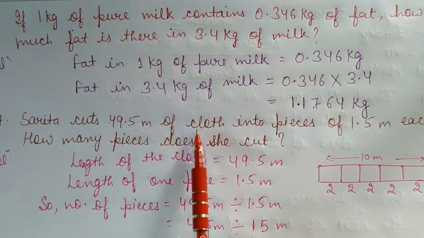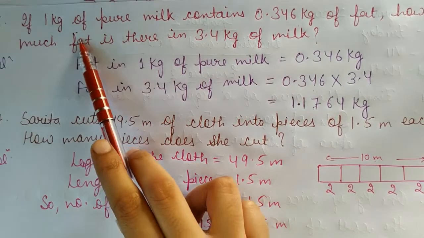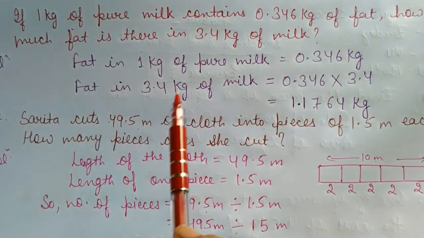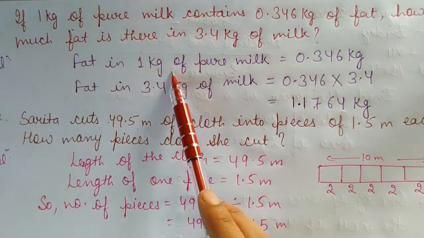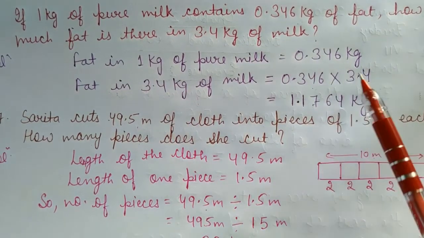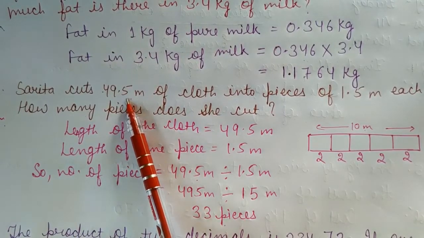The next question: we were given the fat in 1 kg of milk, that was 0.346, and we had to find the fat in 3.4 kg of milk. Again a similar question, the quantity of 1 was given and we have to find many, so we multiplied. In this question we were given the total cloth, that is 49.5 meter.